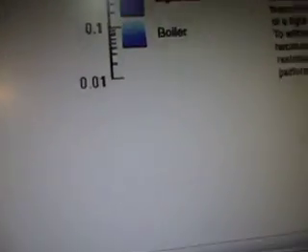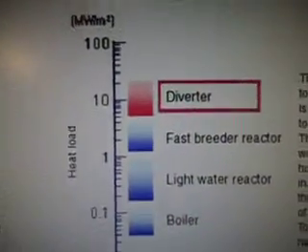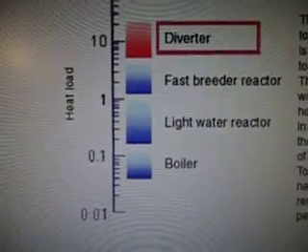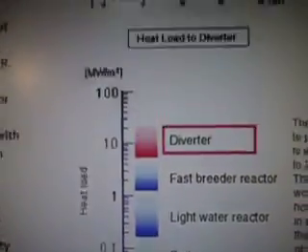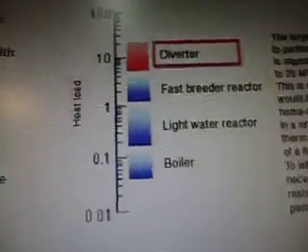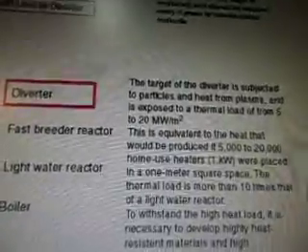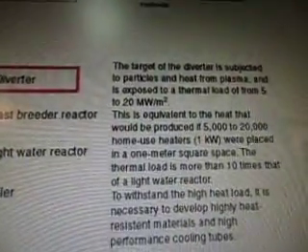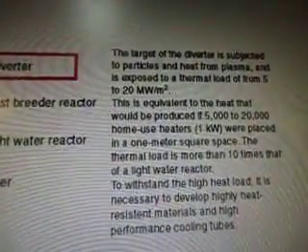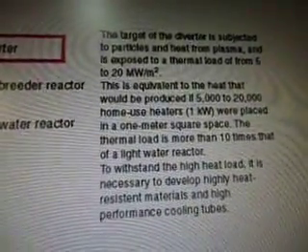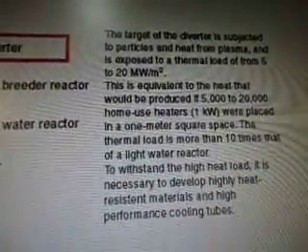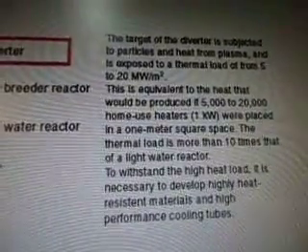Interesting. So this is a heat load graph. It's got diverter, fast breeder reactor, light water reactor, and then boiler. The target of the diverter is subjected to particles and heat from plasma and is exposed to a thermal load of from 5 to 20 MW per meter squared.